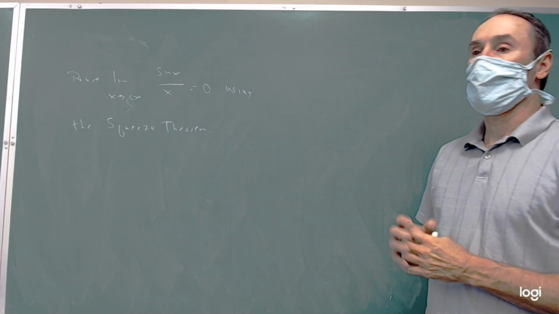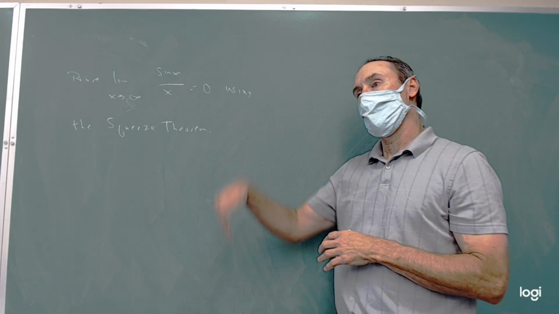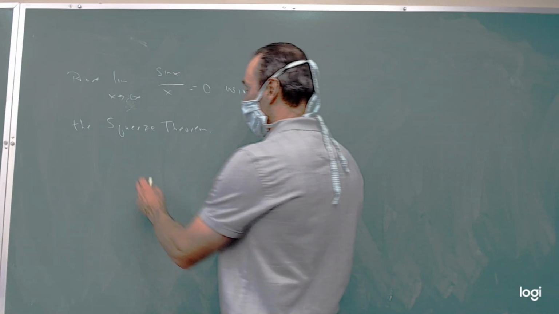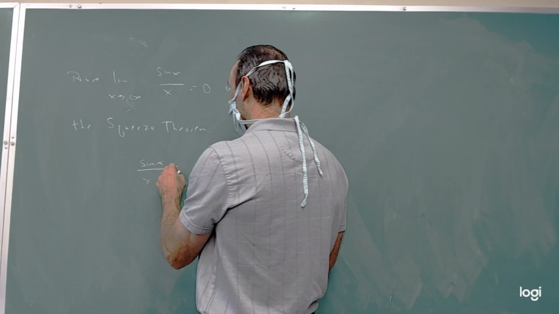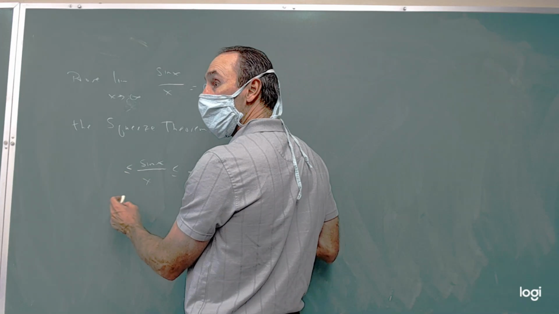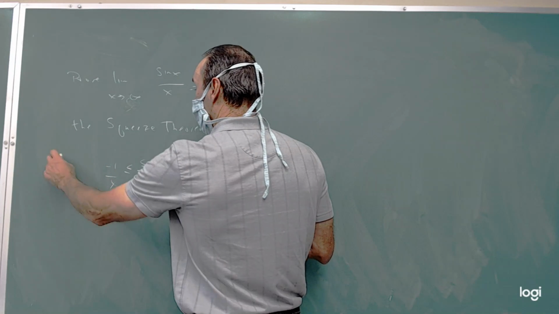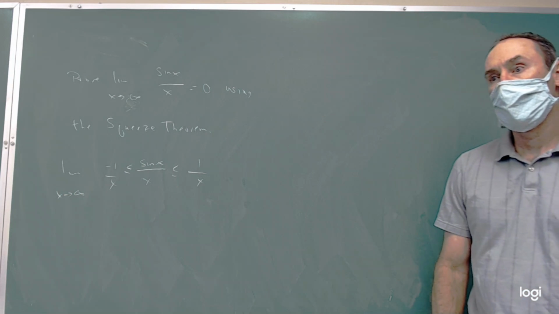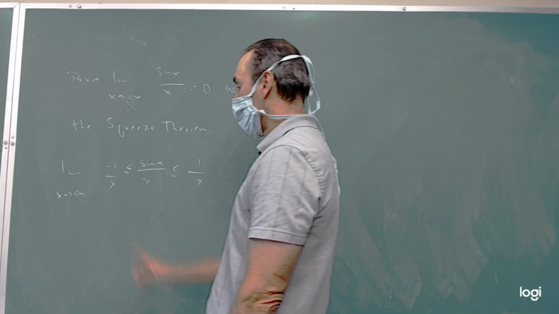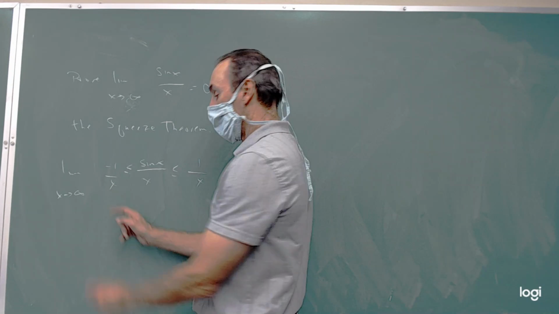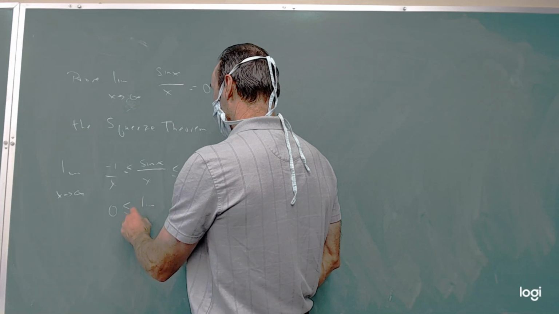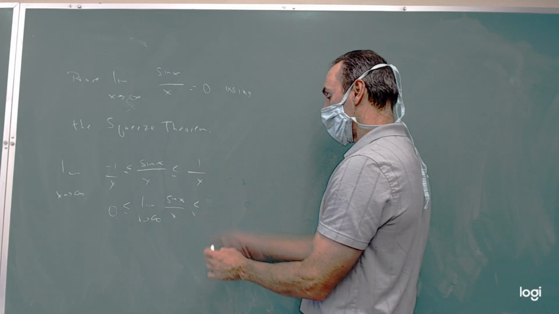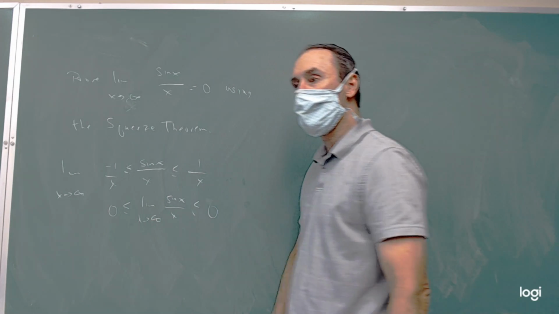Sine goes between -1 and 1 and all points in between, but you know the biggest it ever is is 1, and the smallest it ever is is -1. Now if you take the limit as x goes to infinity, this is going to go to 0, and this is going to go to 0. So you squeezed it to be 0.